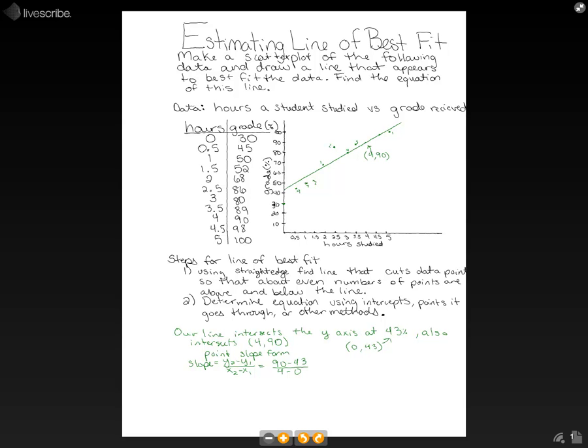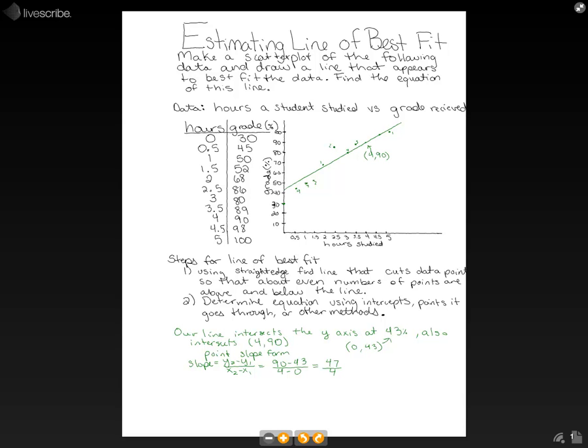And when we do 90 minus 43, we're going to get 47 divided by 4 here. So instead of actually carrying that out, because we know we're going to get a decimal, let's just leave that as a fraction.